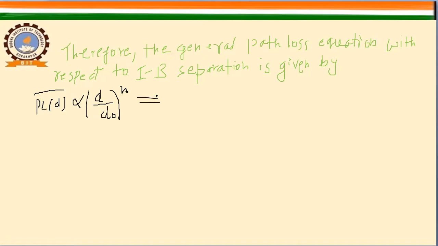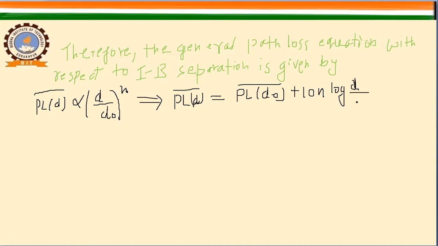It implies that path loss at distance d bar is equal to path loss at reference distance d naught bar plus 10 n log of the separation distance over the reference distance d naught.